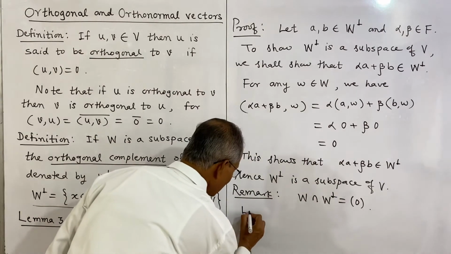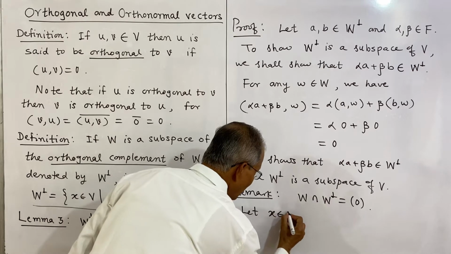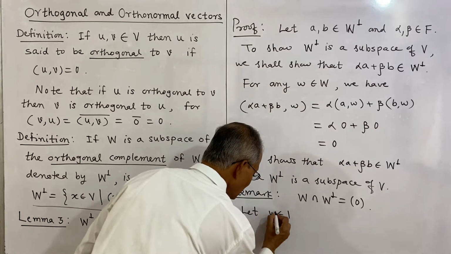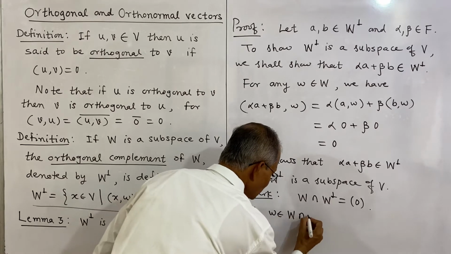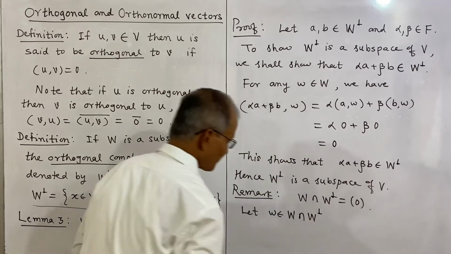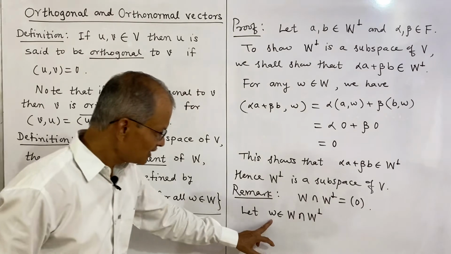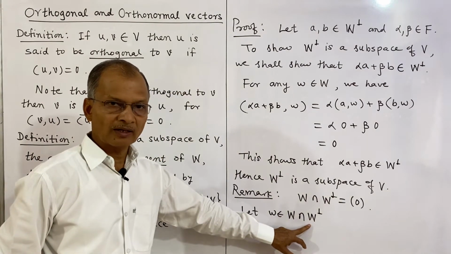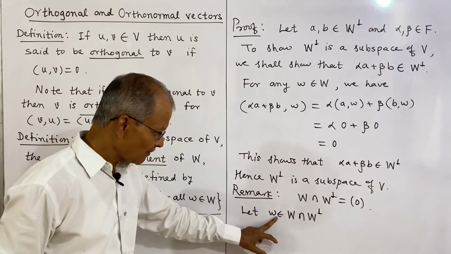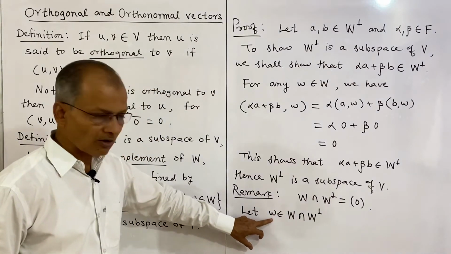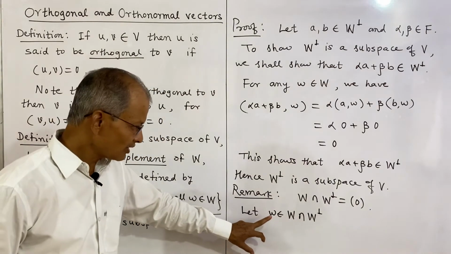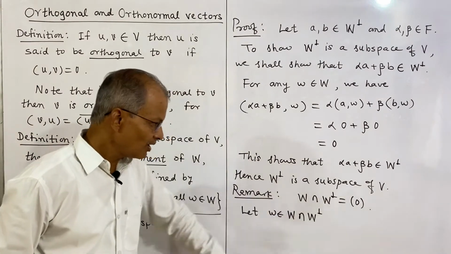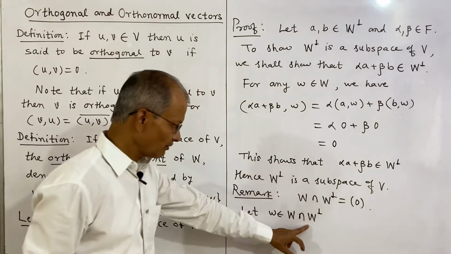For that purpose, let w belong to W intersection the orthogonal complement of W. That means w is in W, and w is also in the orthogonal complement of W, and therefore w is self orthogonal, because the inner product of w and w will be 0, because w belongs to the orthogonal complement of W.